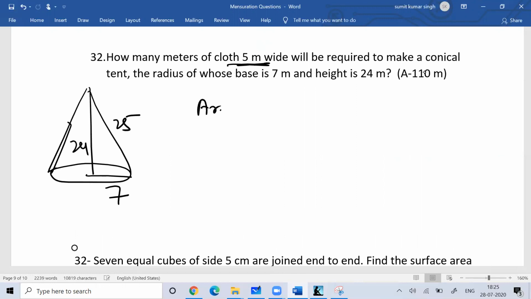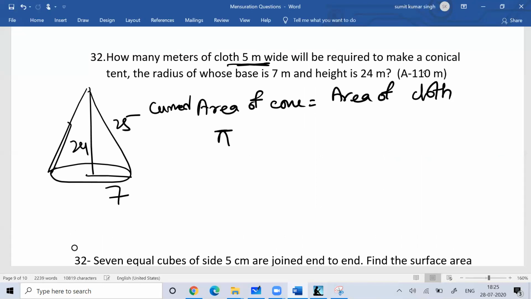You need to understand that the curved surface area of the cone is equal to the area of cloth. The curved surface area of cone is pi r l, pi into 7 into 25, and that is equal to the area of cloth.